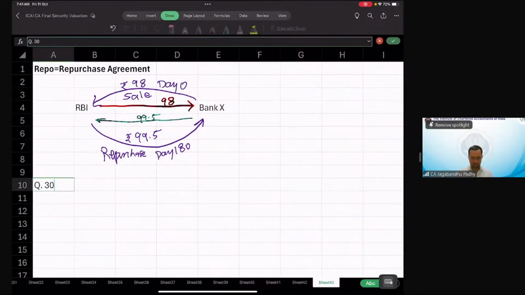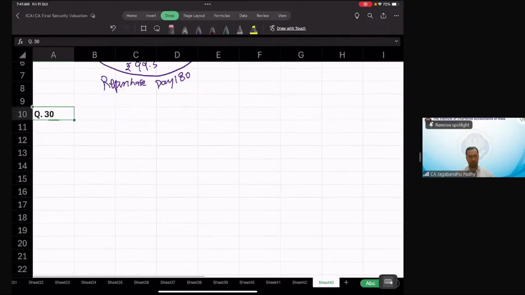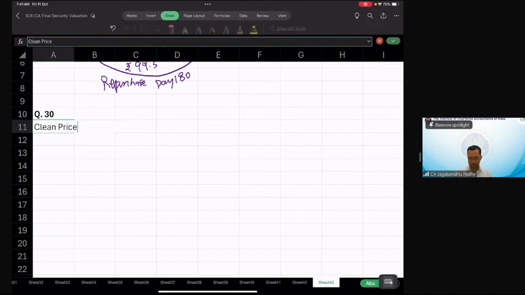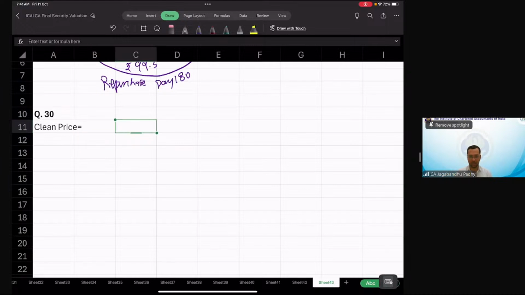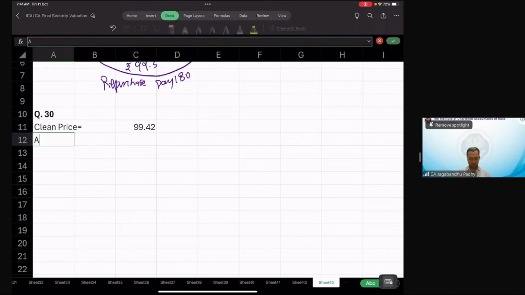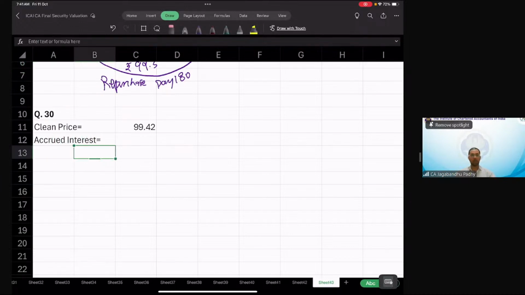So this is question number 30, guys. We have to first say there is a clean price which is available in the market. Clean price is basically 99.42. I need to calculate the accrued interest.